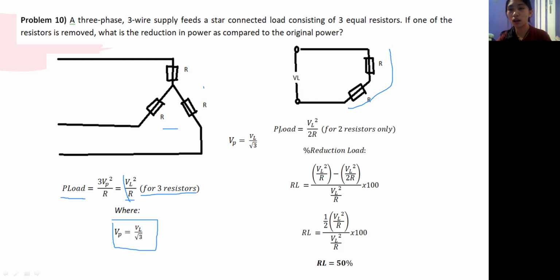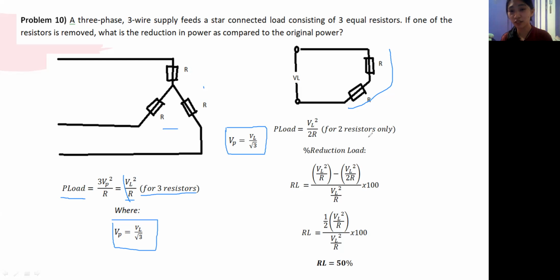For the power load of these two resistors only, we have VL squared all over 2R. I forgot to remove this, but it's the same. Vp is equal to VL over square root of 3.